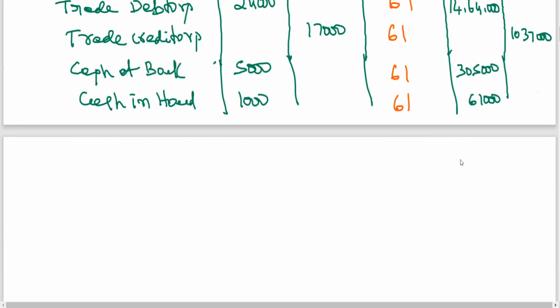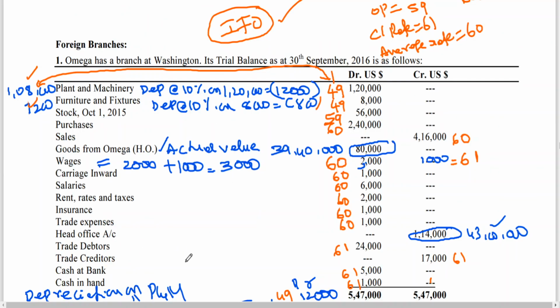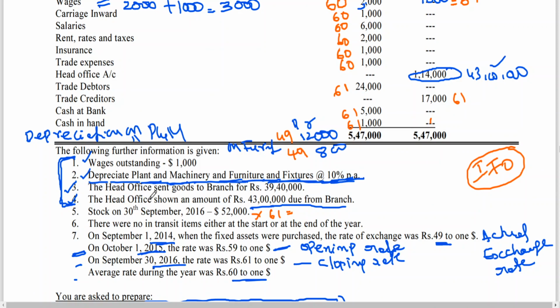Then you go for totaling and we'll be getting some difference in exchange. The difference in exchange we can write as difference in exchange. Then the only adjustment which we should show is closing stock. Closing stock has been given in dollars, $52,000.